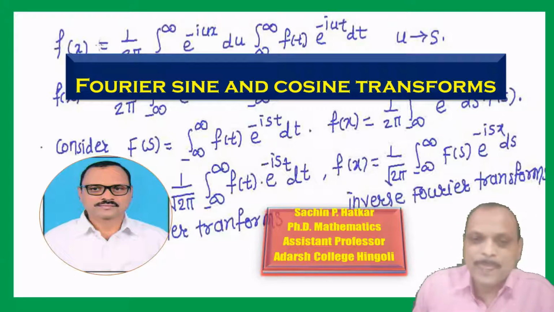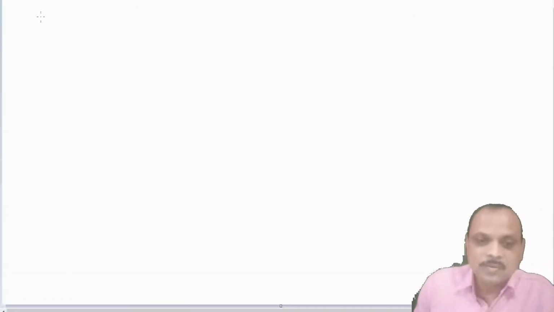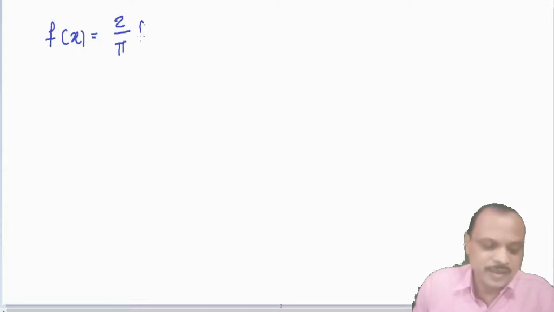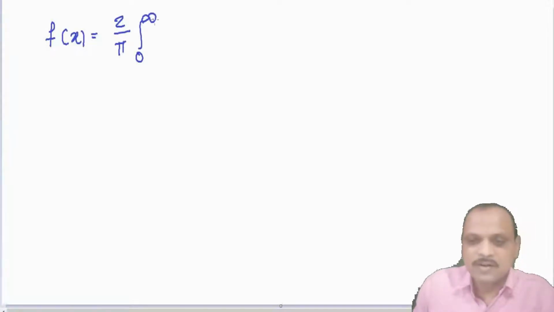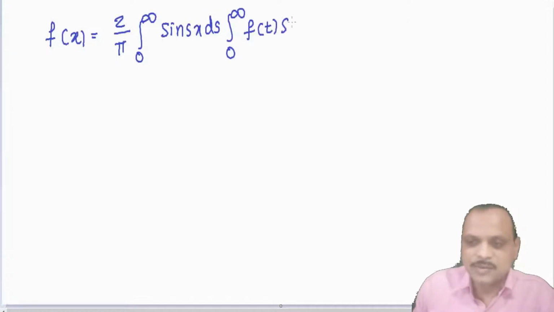So firstly, we write the Fourier sine transform. Fourier sine integral is f of x equal to 2 divided by pi integration 0 to infinity sine of sx dx integration 0 to infinity f of t sine of st dt.